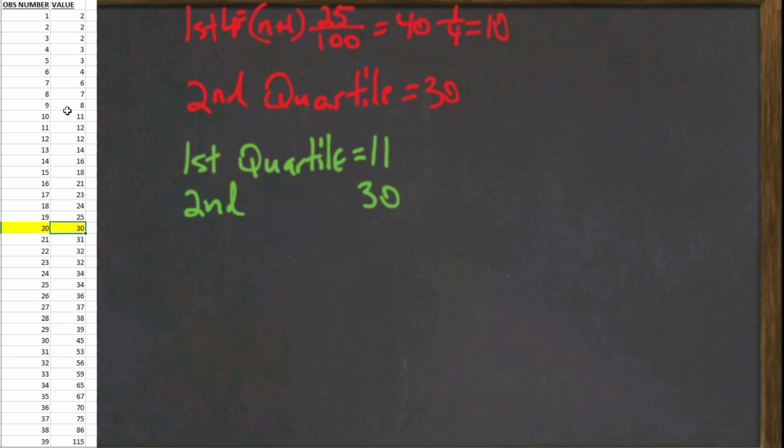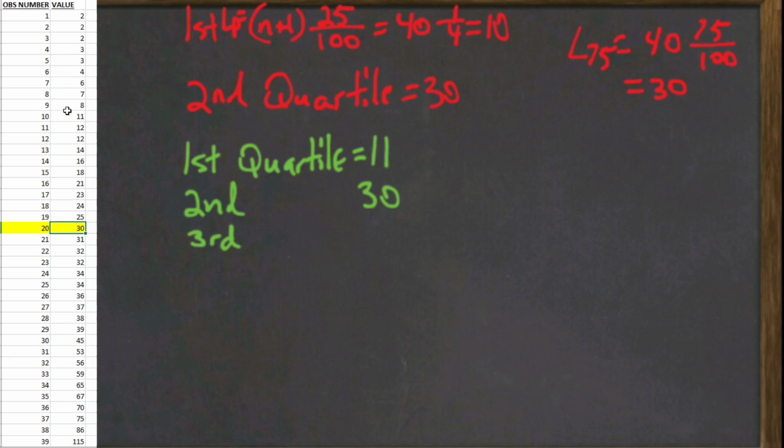Second is 30. And the third, which we will need, is L75: 39 plus 1, so 40, times 75 over 100, which is going to be 30.